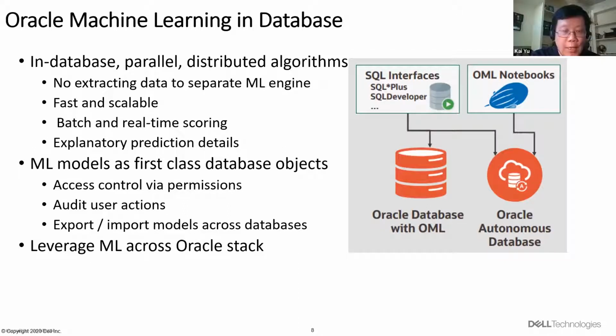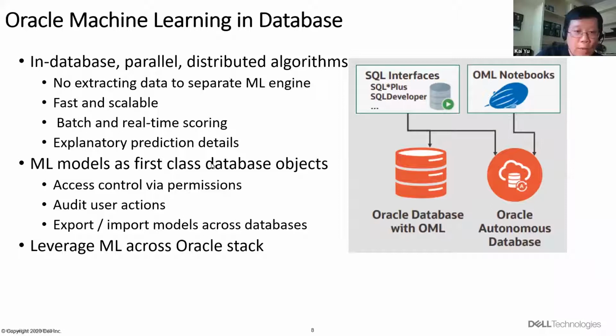Another important thing is that all the Oracle machine learning can leverage a single data structure, which is the table. So you can store all the data, all the results, even the machine learning model itself, inside a table.